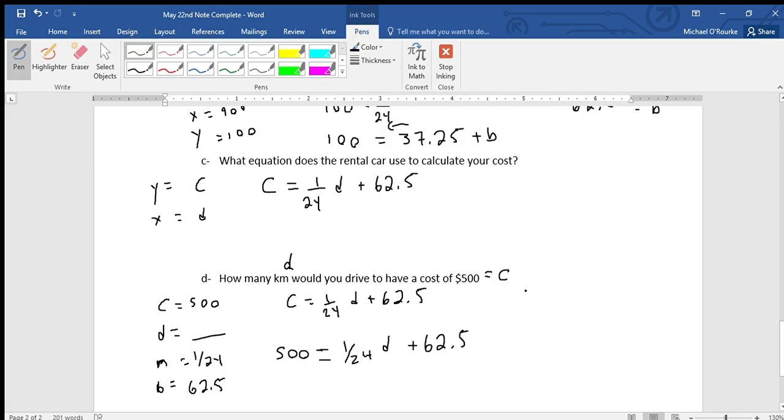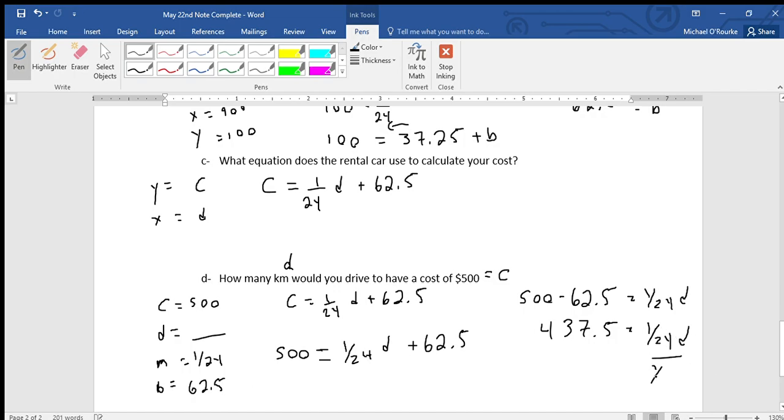So we have 500 minus 62.5 equals 1 over 24 d. So that's going to equal, I should have that number off the top of my head, but I don't. That's going to equal 437.5 equals 1 over 24 d.